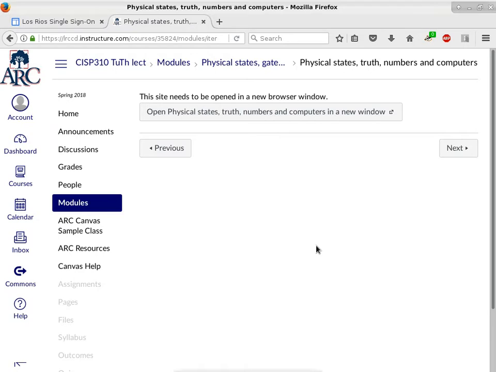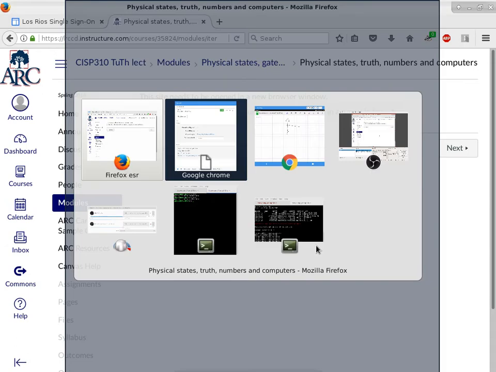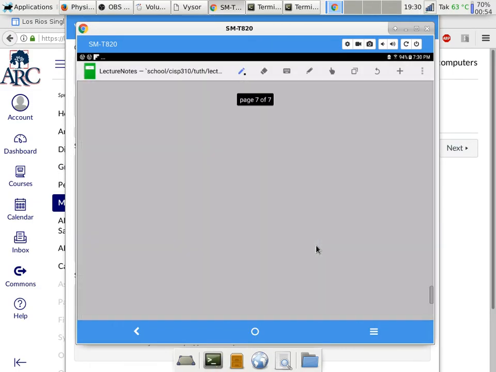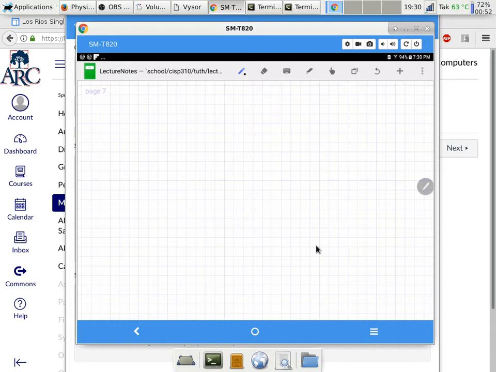So I'm going to explain that stuff using the tablet. There we go. Okay. So the first one is, I really just want NOT, but I have NAND. What do I do?